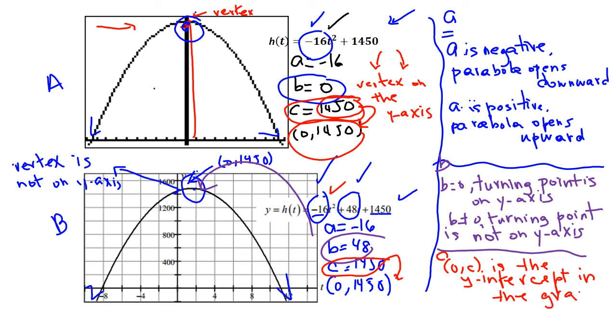This is the relevance of each one of those terms. Remember that a quadratic equation is always written as ax squared plus bx plus c. A tells me if the parabola opens up or down. B tells me if the turning point is on the y-axis. And C tells me where the y-intercept is.